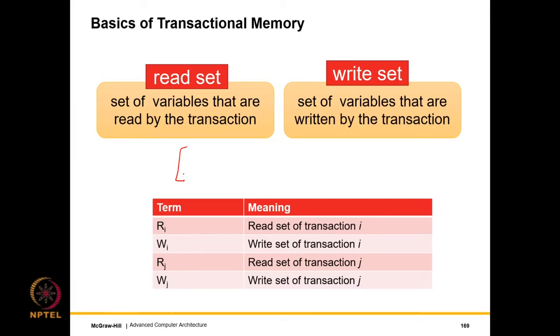Now let us introduce some terminology. Let the term Ri mean the read set of transaction I, and Wi mean the write set of transaction I. Likewise for transaction J, the read set and write set are Rj and Wj respectively.